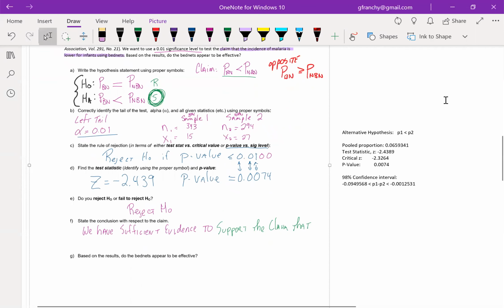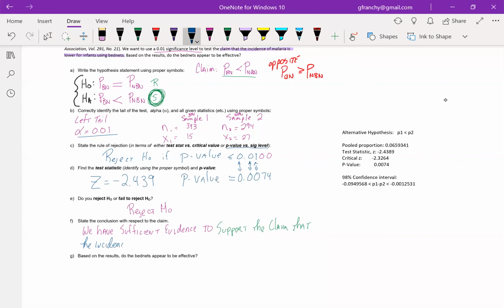So our claim was the incidence of malaria is lower for infants using bed nets.